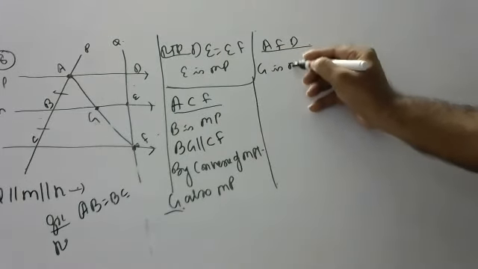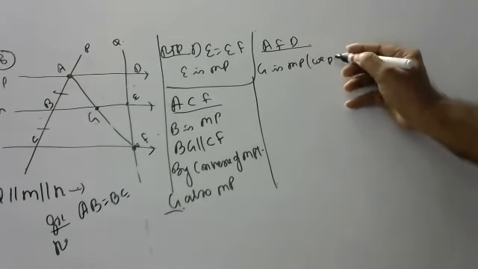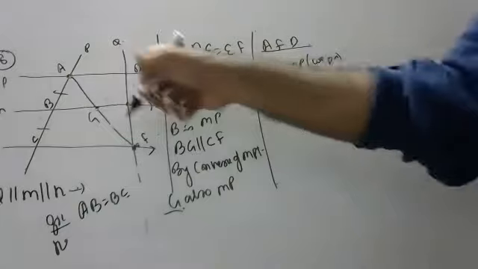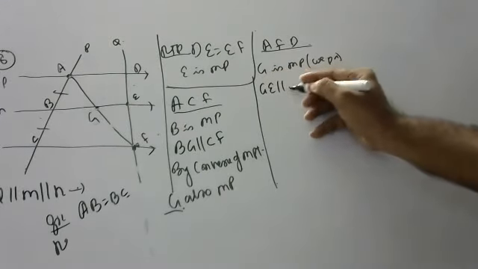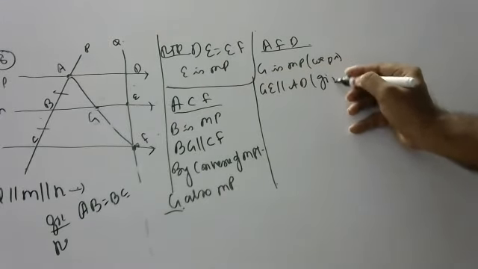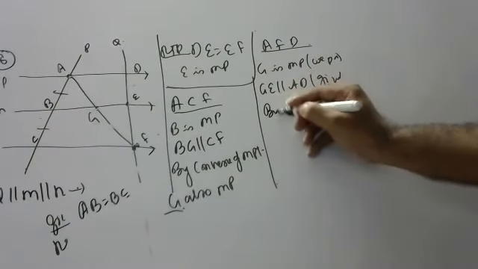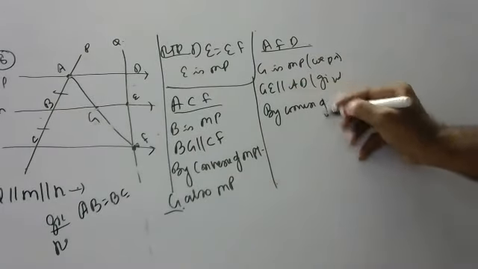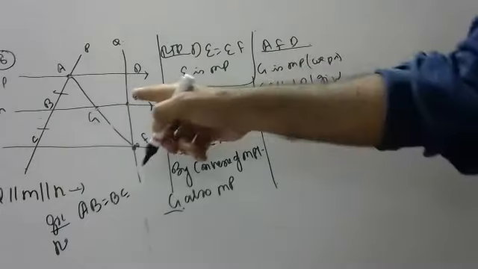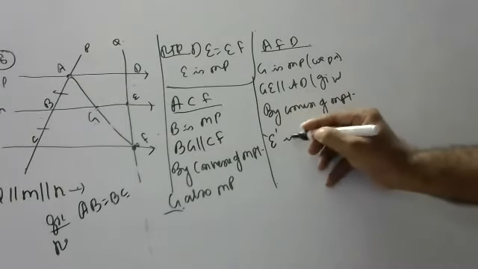How? We proved it. And GE is parallel to AD. How? Given. These three lines are parallel. Now by the converse of the midpoint theorem, E is also the midpoint.